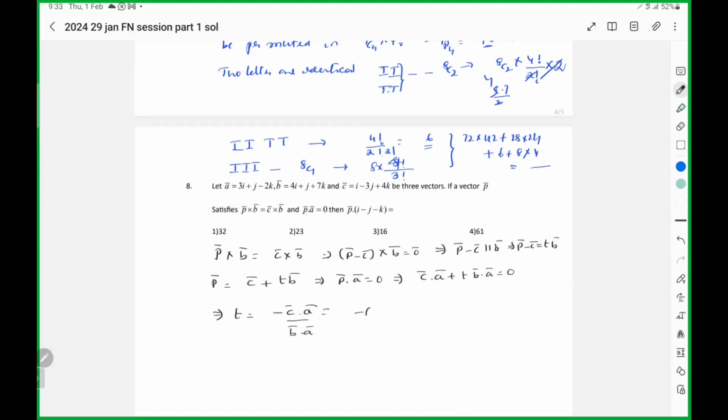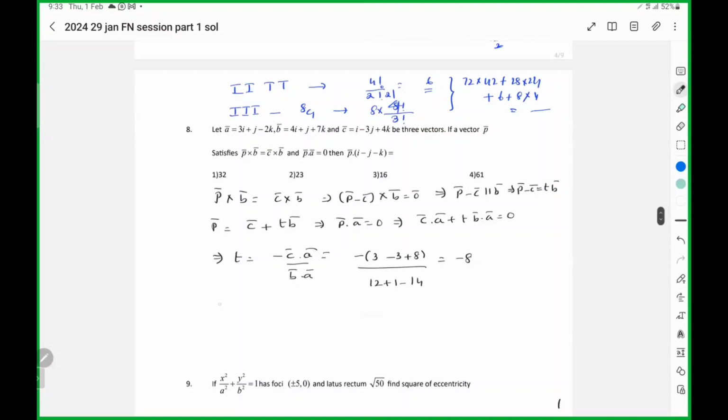C dot A will be 3 minus 3 plus 8, by B dot A, 12 plus 1 minus 14, which is minus 8. So P bar is I minus 3J plus 4K minus 8 times B bar, that is 4I plus J plus 7K, giving minus 31I minus 11J minus 56K plus 4.